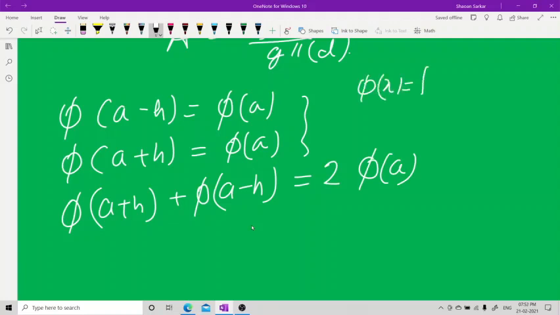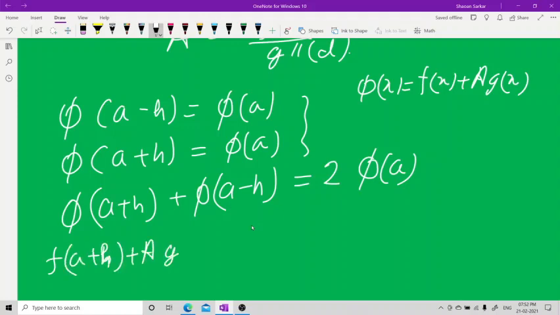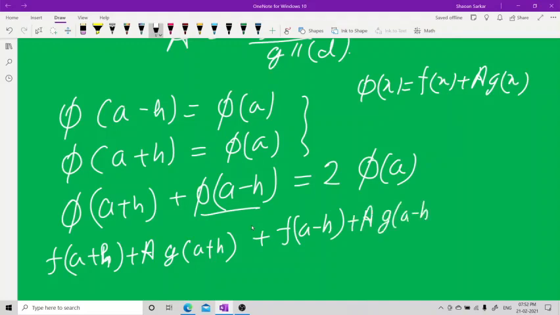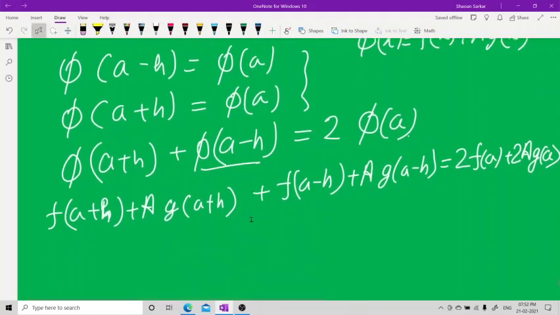Phi of x was fx plus a gx. So this is f of a plus h plus a g of a plus h, plus f of a minus h plus a g of a minus h, equal to 2 times f of a plus 2 times a g of a.